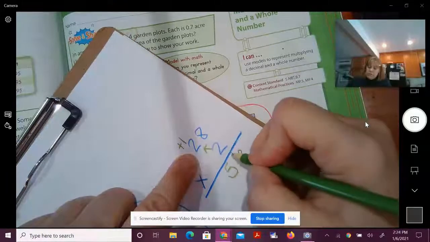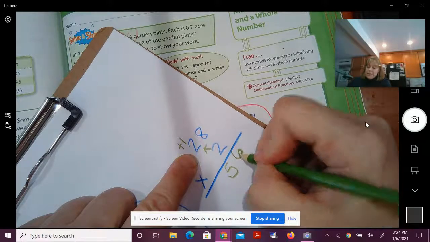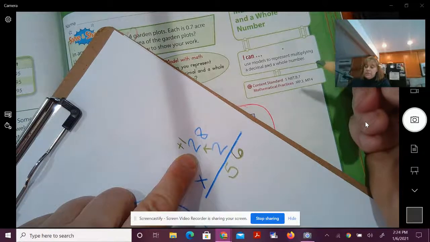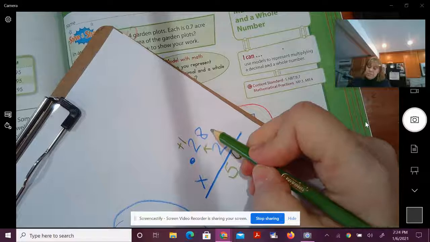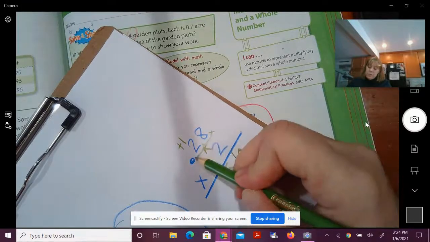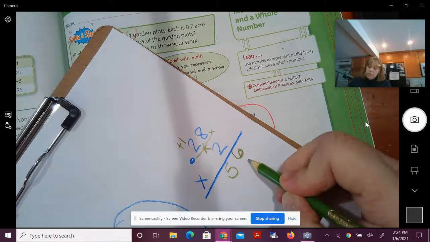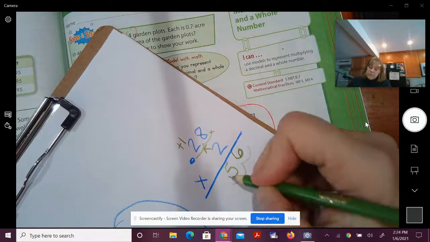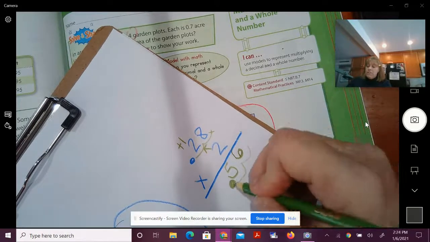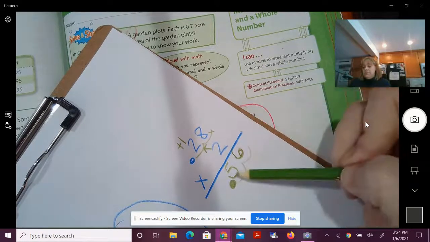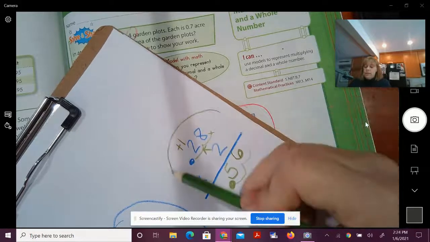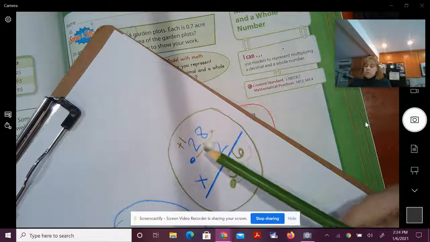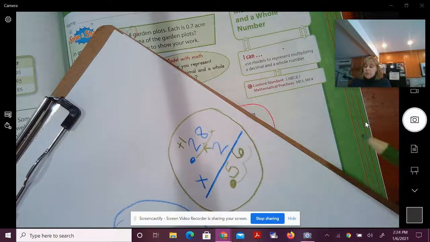So we know our answer is 56, but wait, we have to put in our decimal point, and since it moved over 2 places in the 28, it has to move over 2 places in the 56. So your answer is 0.56, not 56.